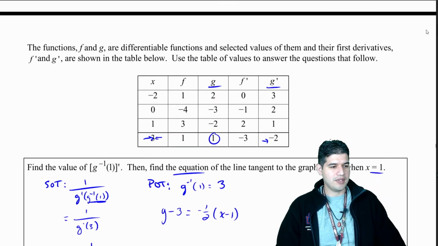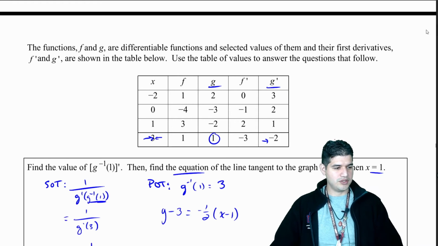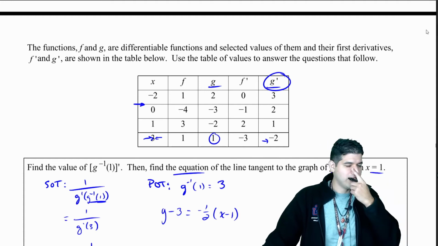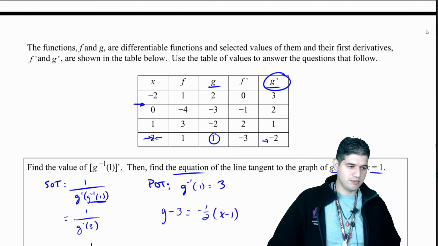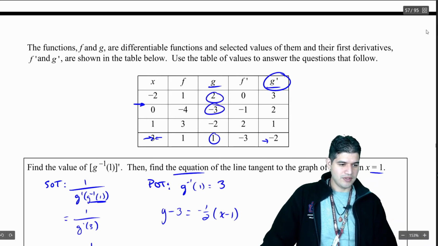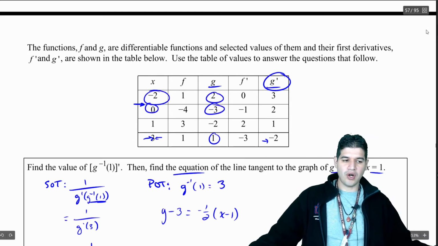G prime of -1. So g prime, right? And -1 is happening somewhere in between there. So I can find this value by going y2 minus y1 over x2 minus x1. Okay, so y2 minus y1 over x2 minus x1. I'm using all those values here.